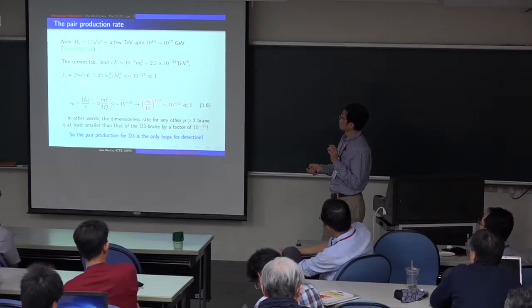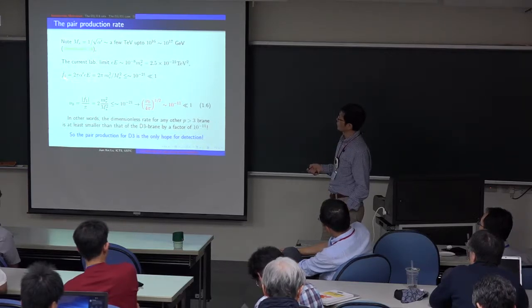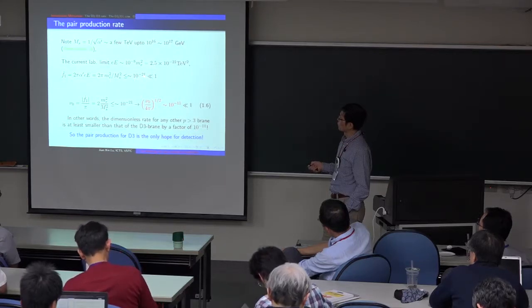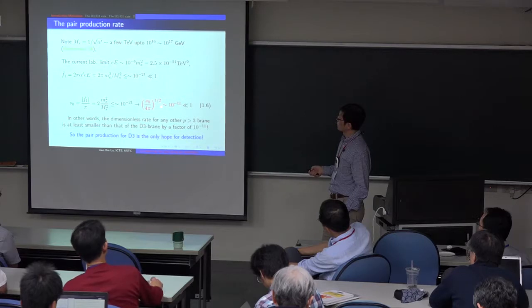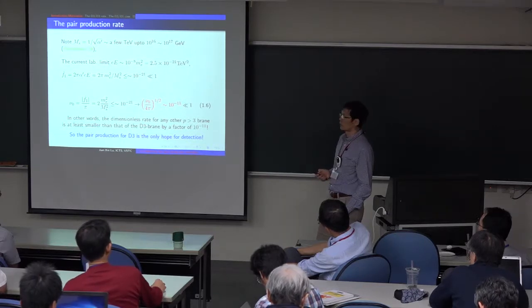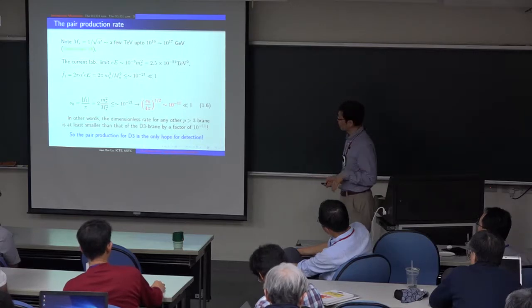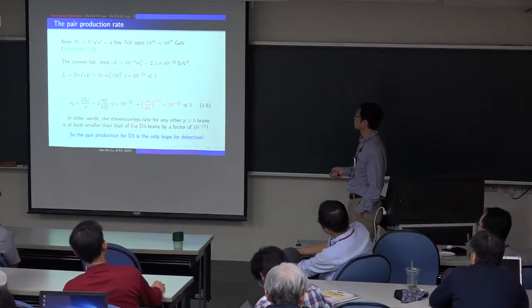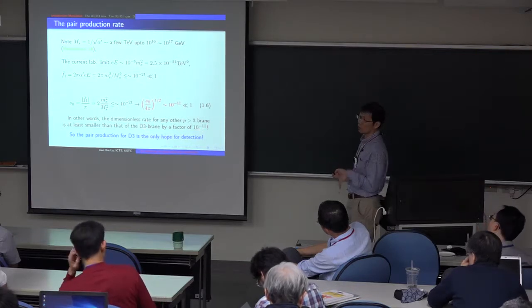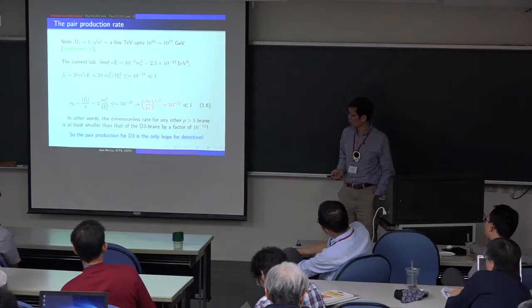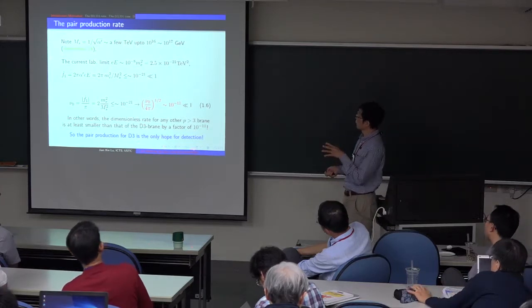If you plug in the TeV scale for F1, because we said the flux on the other brane is 0, you estimate something like 10 to the minus 21. So this factor is 10 to the minus 10. In other words, the only chance to see a detectable rate is for this brane. For the other brane, the rate is smaller by 10 to the minus 11. So for now, I only focus on these three branes.